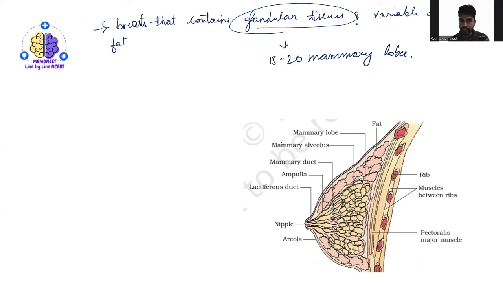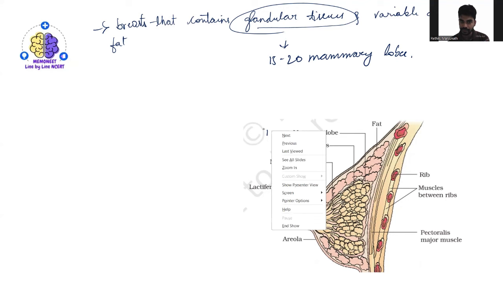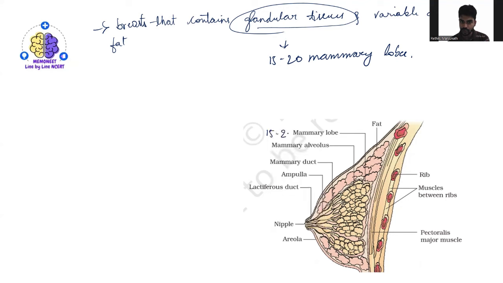So 15 to 20 mammary lobes will be present, and the cells that are present are actually a cluster of cells.